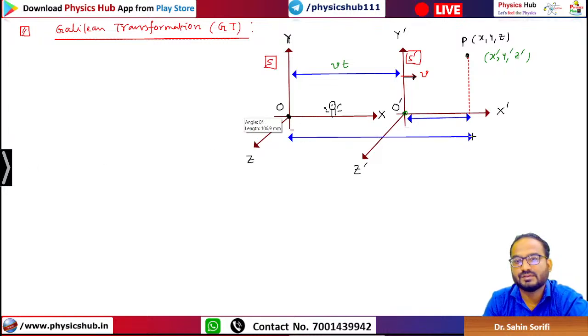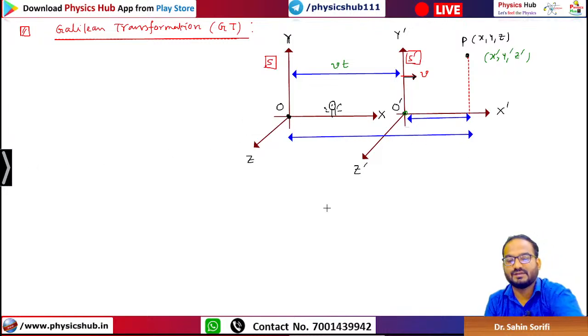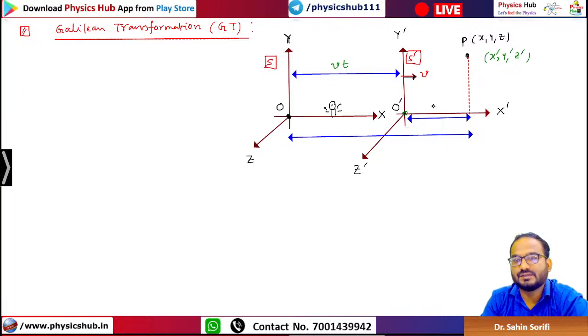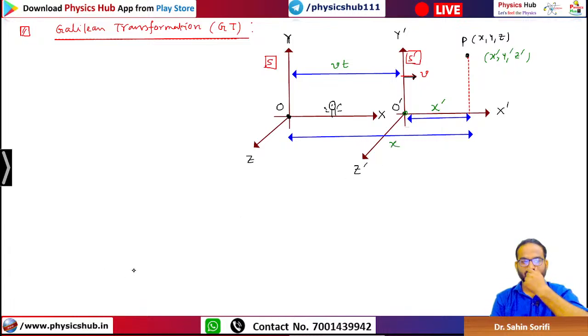But if I talk about this much length, this is X. Look at it very carefully. This much length is X prime. This much length is X. Clear?